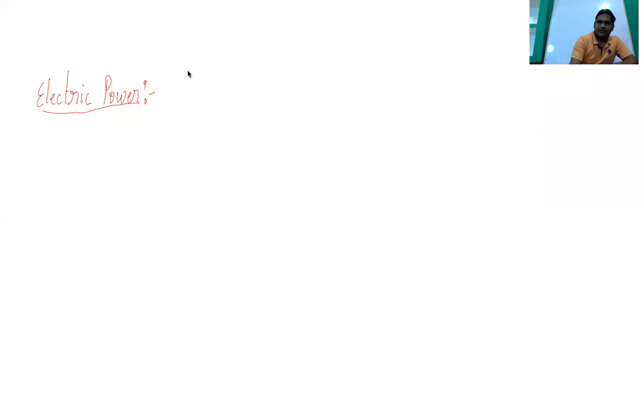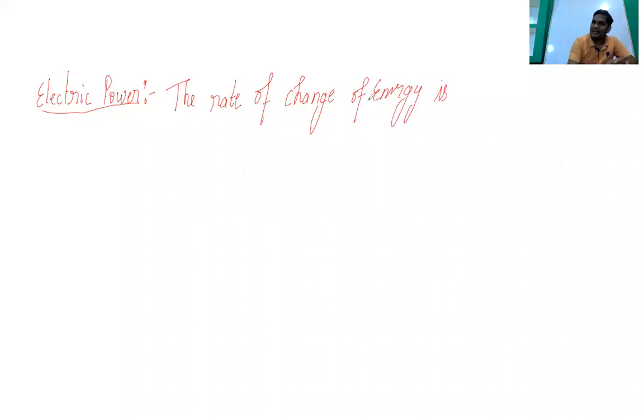Okay. So we can write here the electric power. The rate of change of energy, or you can say electric energy. If you are saying electric power, then you should mention the electric energy.